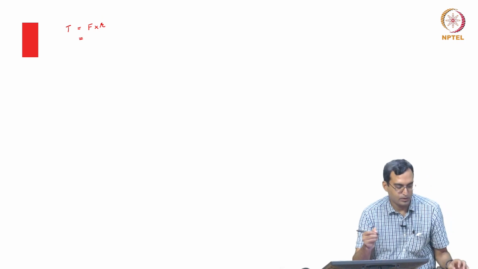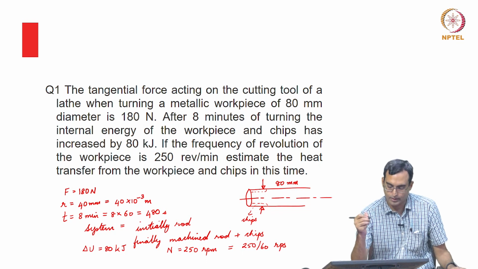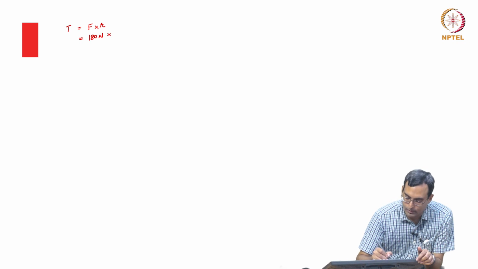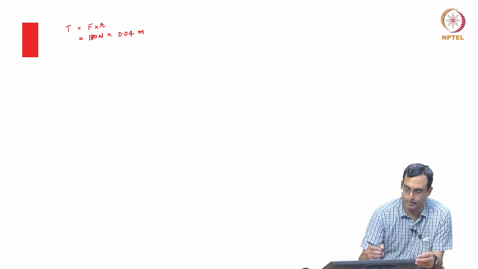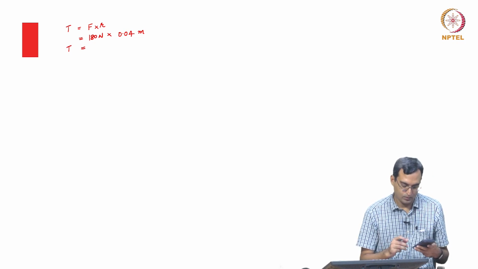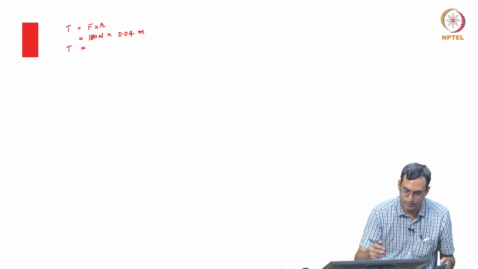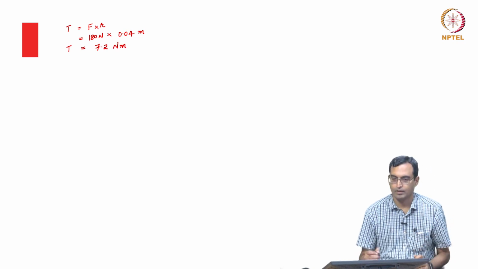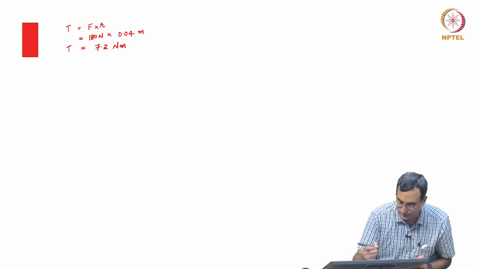The force given to us is 180 newtons and the radius is 40 mm. So I have 180 newtons into 40 mm, which is 0.04 meters. 40 mm is 4 centimeters, that's 0.04 meter. So I can find out this torque, which is 7.2 newton meter. This is the torque which is acting.